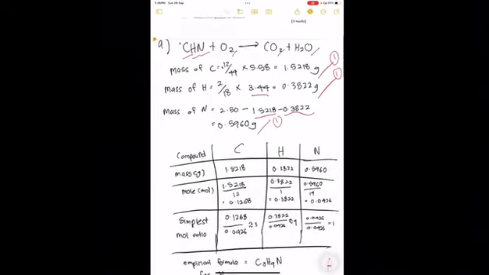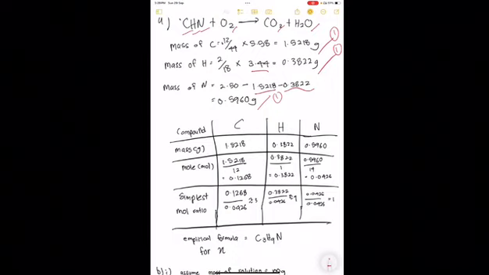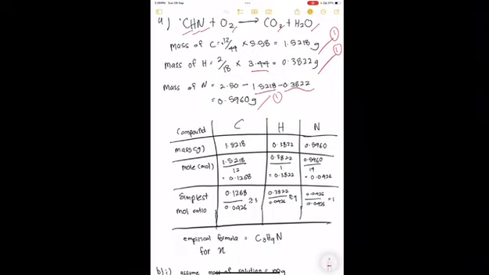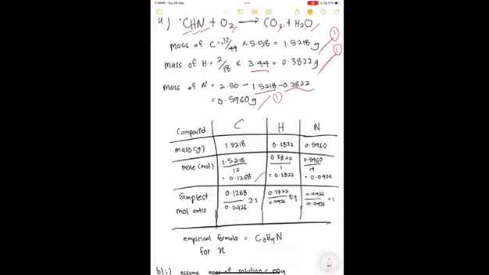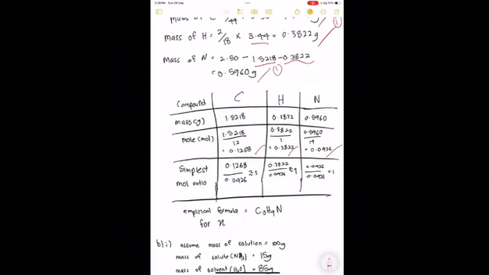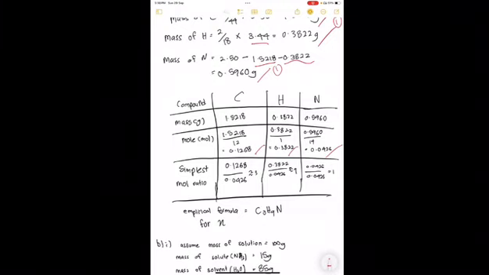Then we can continue to find the empirical formula. As usual, if you want to find the empirical formula, we need to use this table. So we just fill in the table, the mass, then we find the mole here, mole of carbon, hydrogen and nitrogen. Then among all of the elements, we need to find the smallest number of mole.